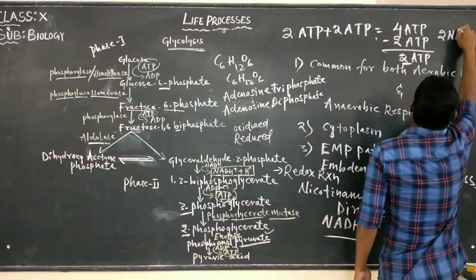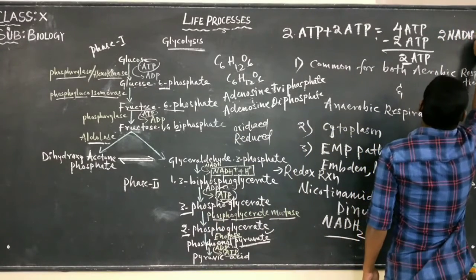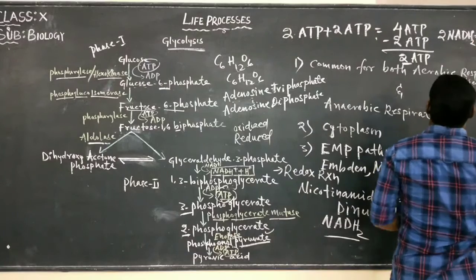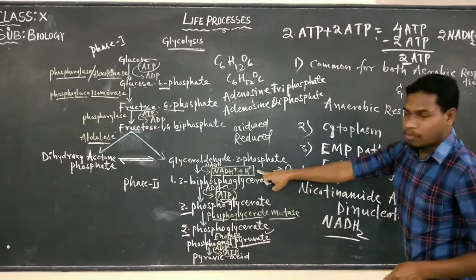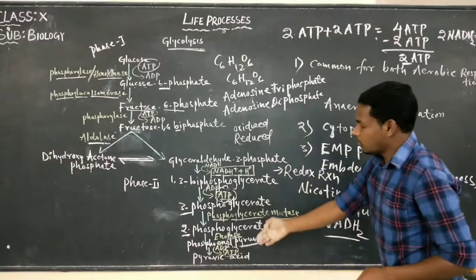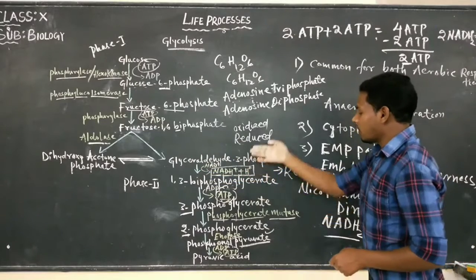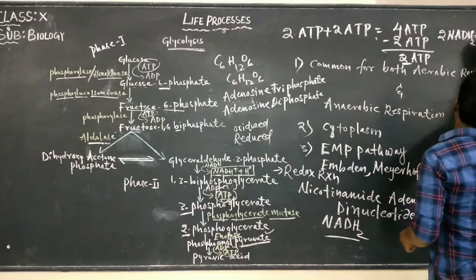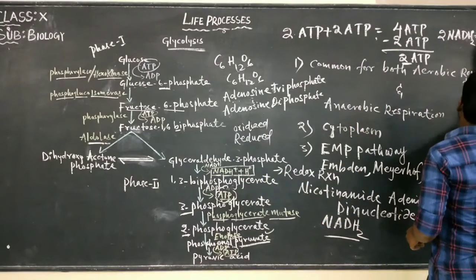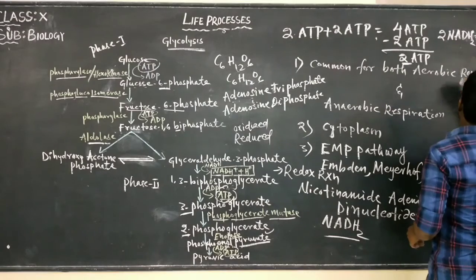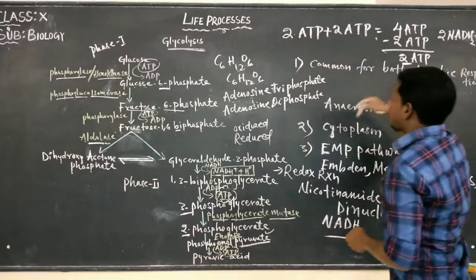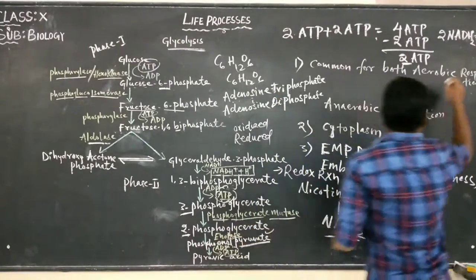2 NADH2. They have the ability to produce 3 ATP. Once 3 ATP, and the next time it gets converted, again 3 ATP. That means total 6 ATP. 6 ATP is produced here.